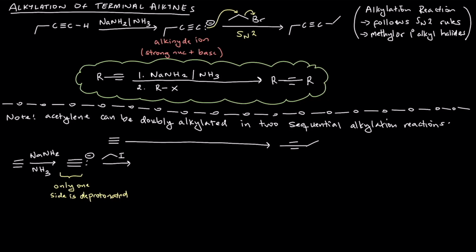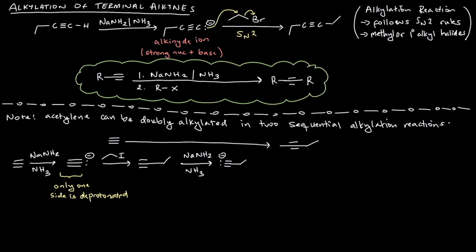You can then react this alkynide ion with the alkyl halide with the carbon chain on one side of your product alkyne. So this time we're using an ethyl iodide, and we're going to get this particular alkyne through an SN2 reaction. You can then react this terminal alkyne with sodium amide again.